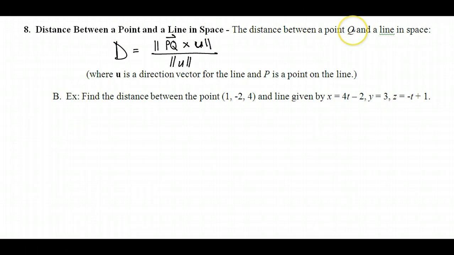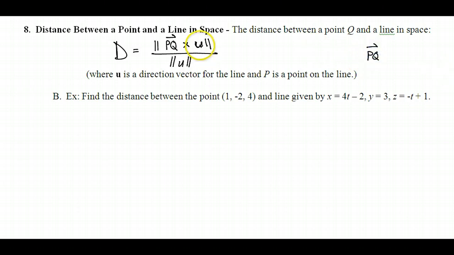Well, we have a point Q, and obviously it's not on the line, but we have that point Q. What we have to do is figure out vector PQ. Well, P is any point on the line, and Q then is that point that we're going to. So one thing is to figure out what that vector PQ is.